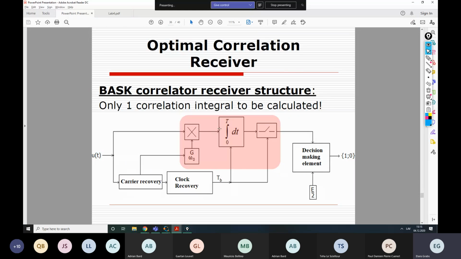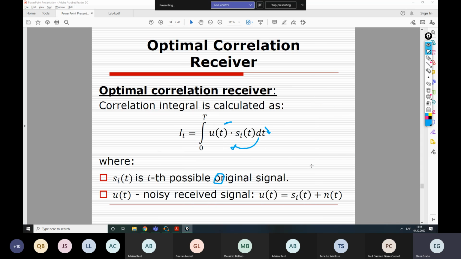And for that reason, we don't need anything that is in between until we have processed the entire symbol of duration t. At the end of this duration t, or t binary, we are going to read the value of this integrator by closing the switch and resetting it at the same time. So that's when we will read this data. And this moment will match this value, which we calculate mathematically by substituting the signal into this integral and finding the formal result.